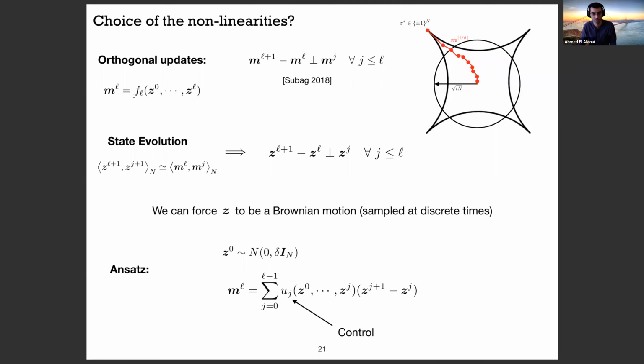I've reduced the choice of the FL's into a choice of the u's. This somehow doesn't seem like much, but now it's enough. This class is small enough that we can optimize over it and characterize the best UJs. Of course, if these increments are independent, then the M's will satisfy this constraint. Does this make sense? This is the main idea, actually.